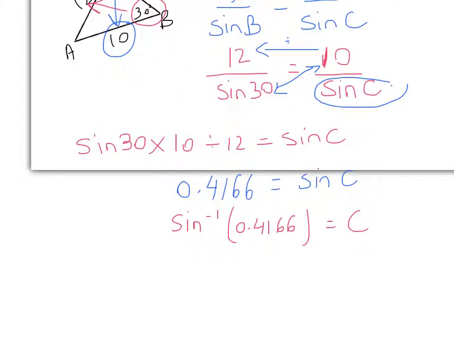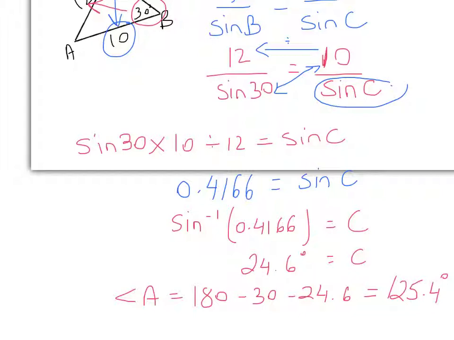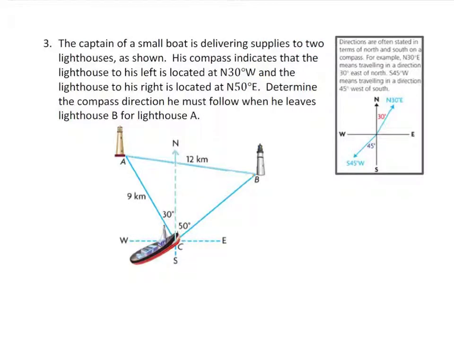So inverse sine of 0.4166 equals C. Therefore, we get that 24.6 degrees is angle C, and therefore angle A is 180 minus the other two angles, which gives us 125.4 degrees.